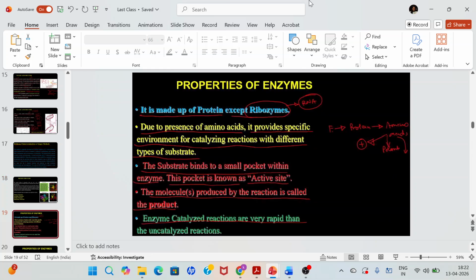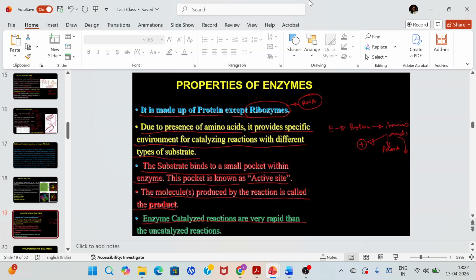Okay. Now, if we go into the details of proteins, enzyme is also a protein, and there are some peculiar properties which should be present in an enzyme to be called an enzyme. It is made up of a protein except ribozymes. Due to the presence of amino acids, it provides a specific environment for catalyzing reactions with different types of substrate. The substrate binds to a small pocket within the enzyme. This pocket is known as the active site.